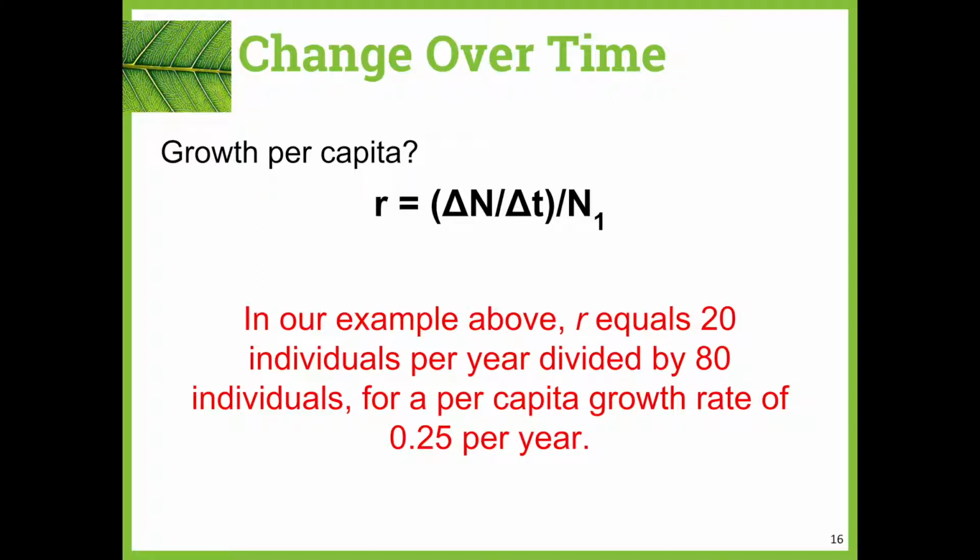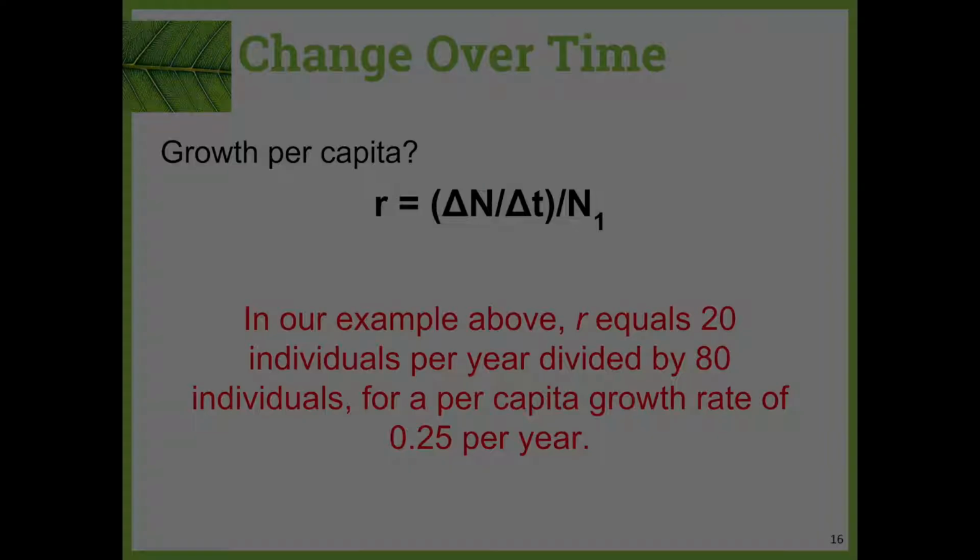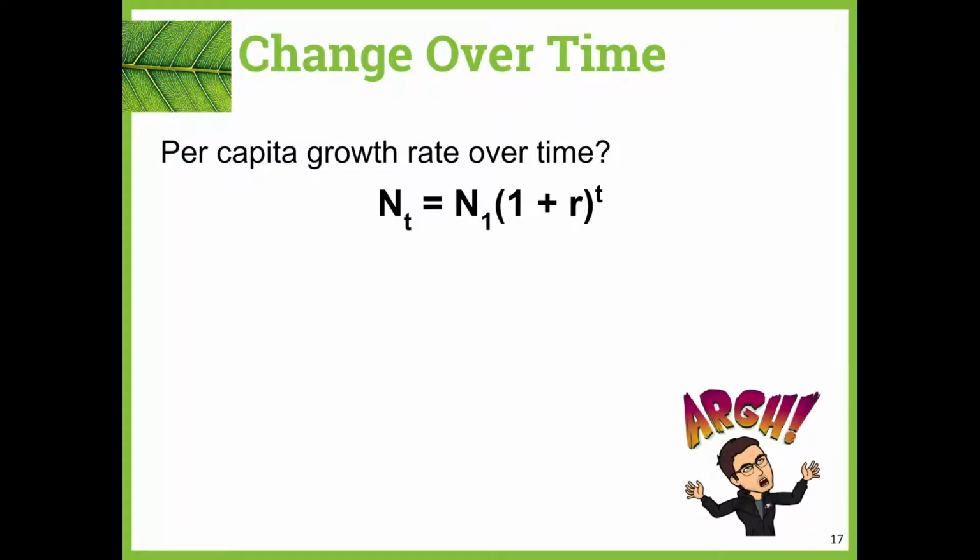If this per capita rate of increase were to continue at a rate of 0.25 individuals per year that are coming from each individual in the population, how large would the population be after 10 years? How would we calculate that? We use another equation, which allows us to determine the population growth over time.